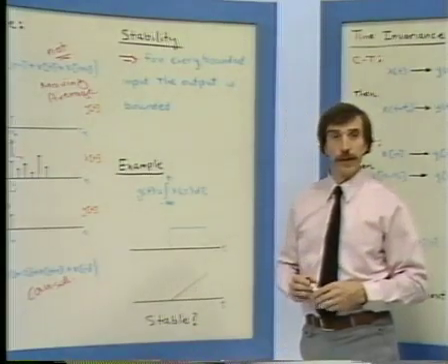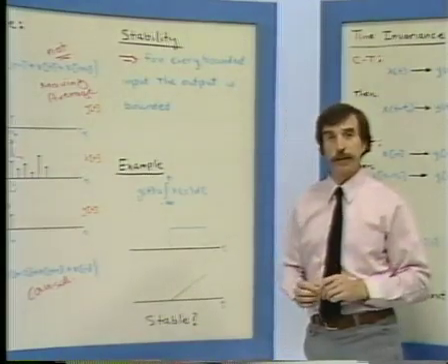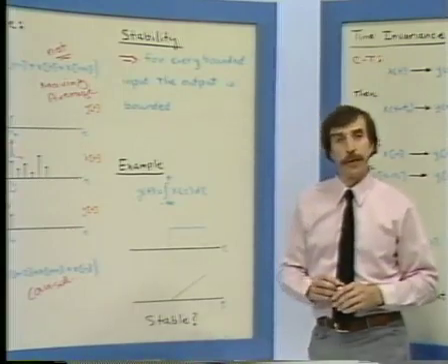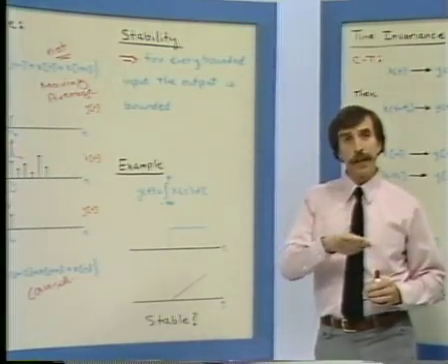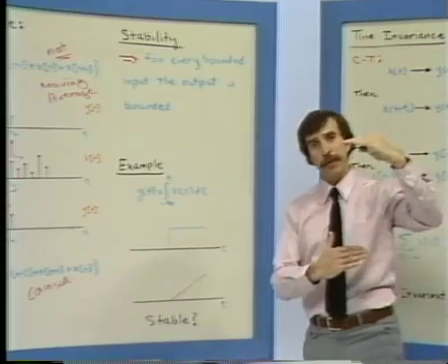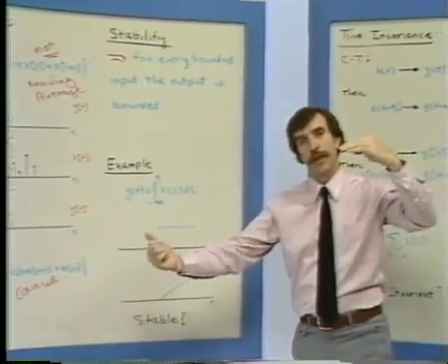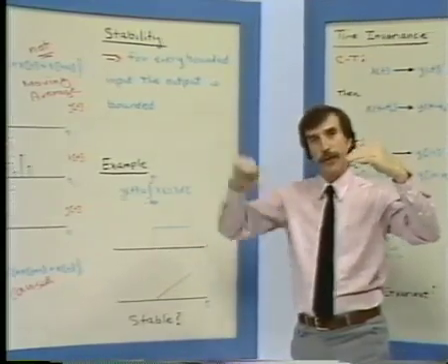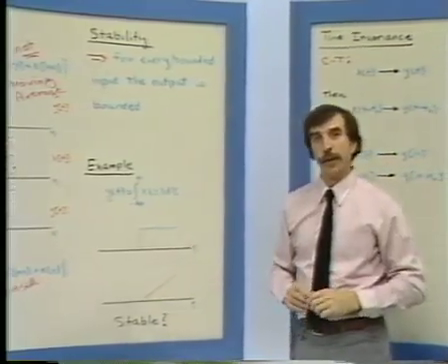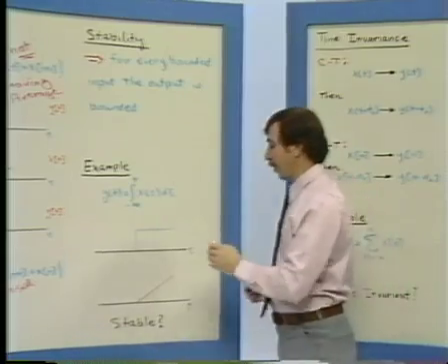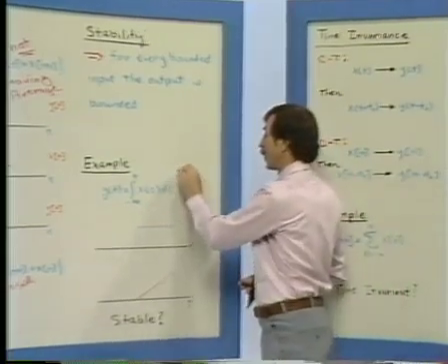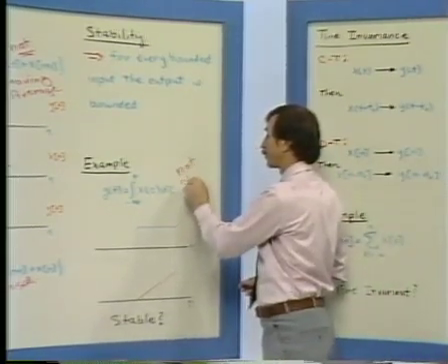The input is bounded. The step input is bounded. The ramp is unbounded because if you try to establish any bound on it, you can always go out far enough in time so that the output will exceed that bound. So, in fact, the integrator is not stable.